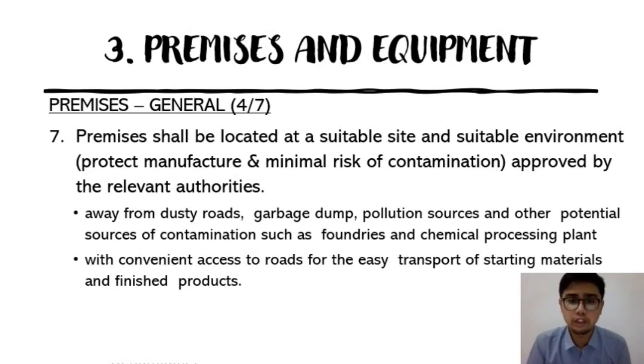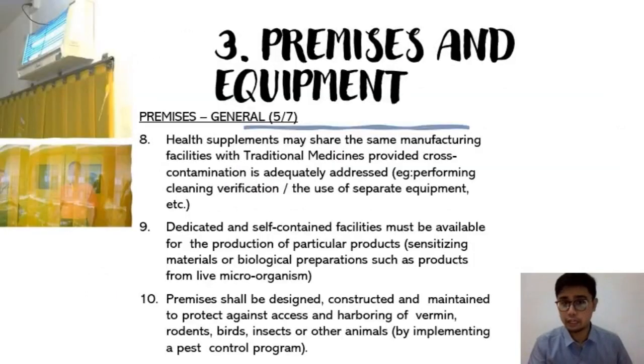The location should be approved by the local authority, which is NPRA, and an example of an approved location is one away from dusty roads, garbage dumps, and pollution sources, with convenient road access for easy transportation of material and products. The health supplements production can be shared with the traditional medicine production, but care must be taken to avoid cross-contamination.